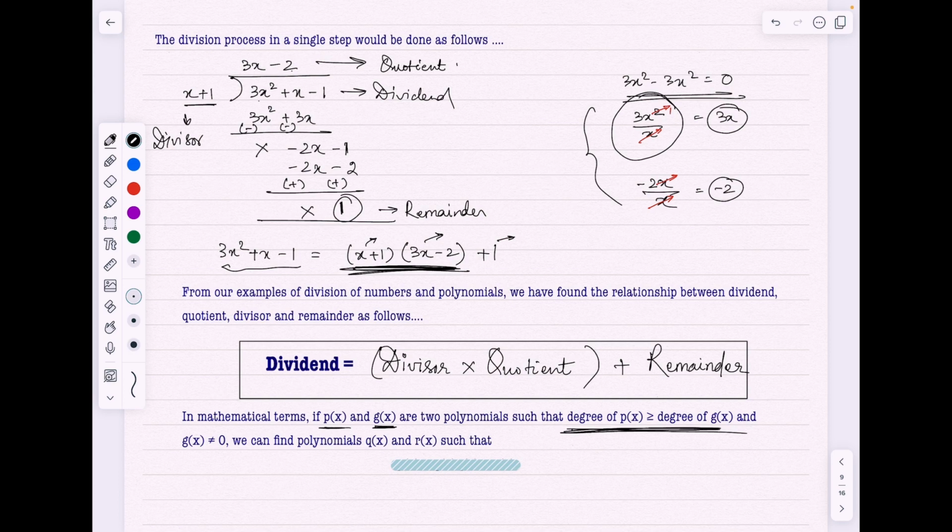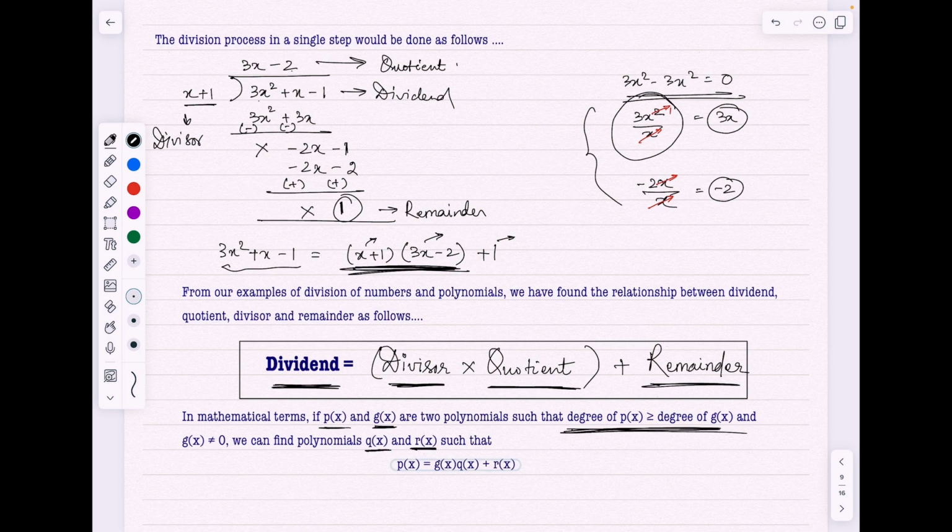p(x) and g(x) are two polynomials such that the degree of p(x) is greater than g(x) and g(x) is not equal to 0. So we can find, according to this, this is the dividend and we know the divisor. When we divide the dividend by the divisor, we are bound to get a quotient and a remainder. We name the quotient q(x) and the remainder r(x).